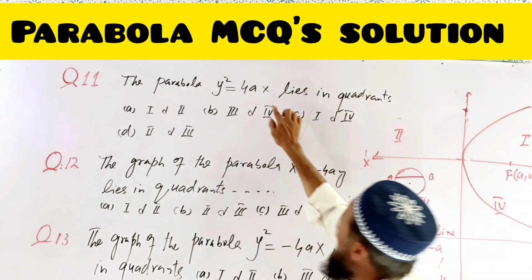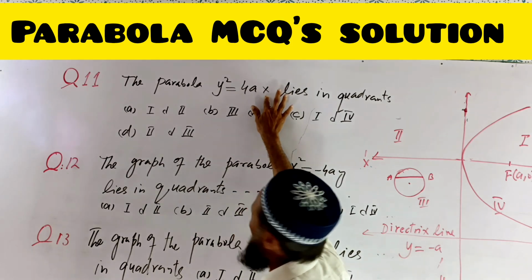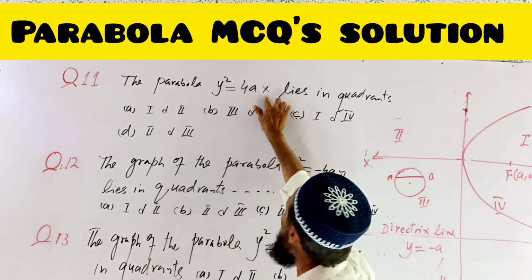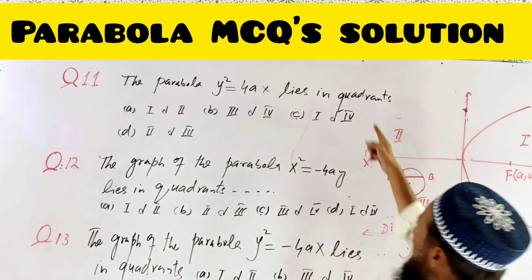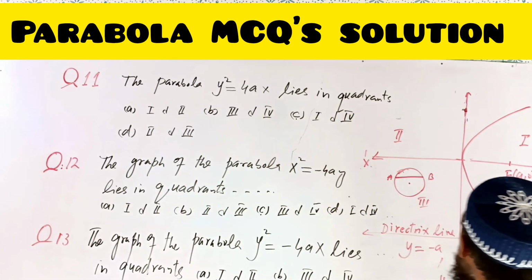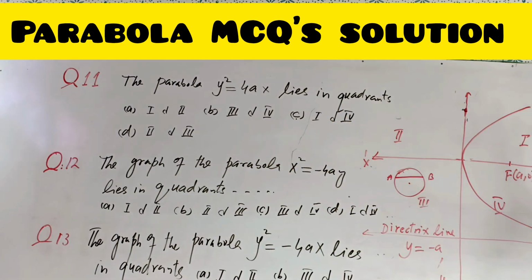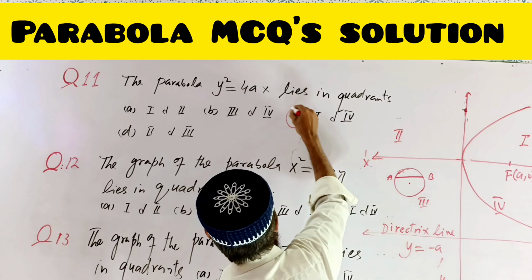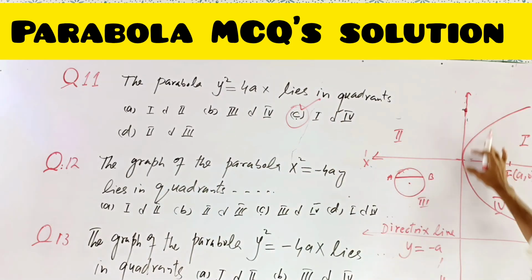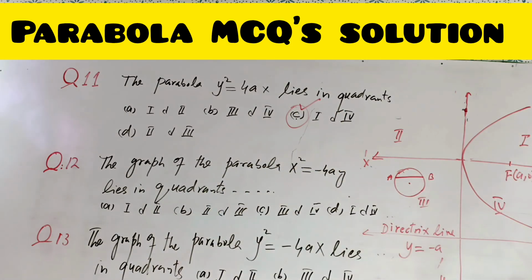So y square equals 4x lies in the first quadrant and the fourth quadrant. Answer C is the correct option.